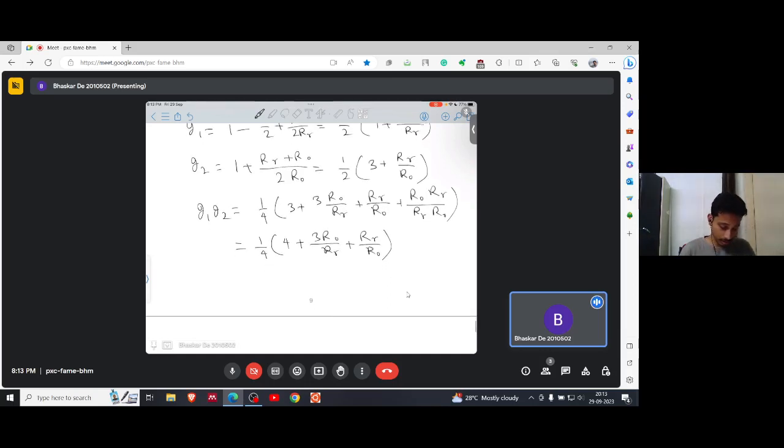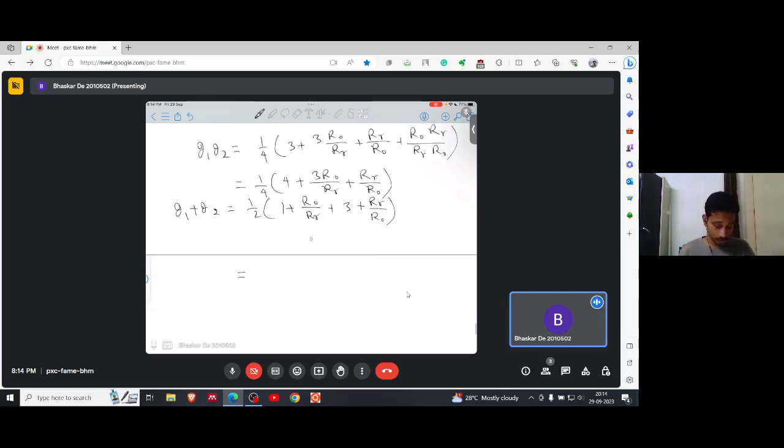On the other hand, g1 plus g2 is half of (1 plus r0 by rr plus 3 plus rr by r0), which gives us half of (4 plus r0 by rr plus rr by r0).